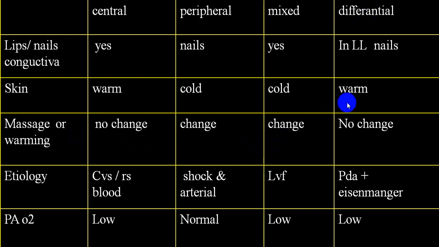Differential cyanosis is usually seen in Eisenmenger syndrome with reversal of the shunt with PDA. In that, the two lower limbs are more cyanosed and the upper limbs are spared, because deoxyhemoglobin circulates in the lower limbs through a patent ductus arteriosus, and that produces what we call differential cyanosis.